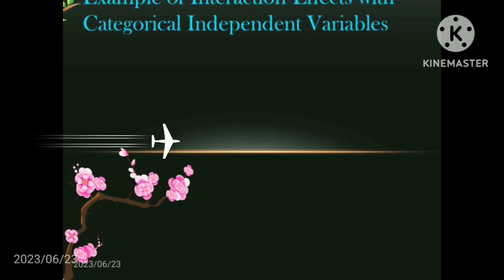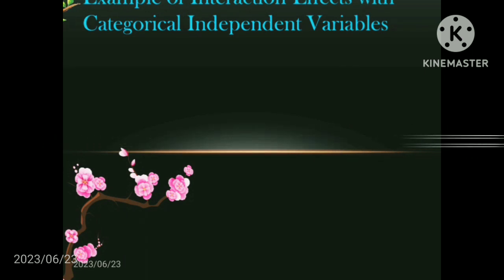For an example of interaction effects with categorical independent variables, I think of interaction effects as an "it depends" effect. You'll see why. Let's start with an intuitive example to help you understand these effects in an interaction model conceptually.